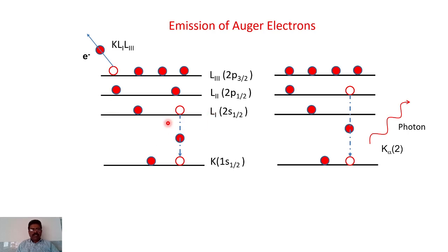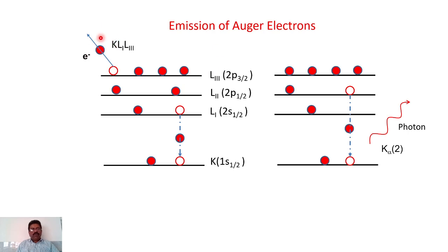So the initial energy minus the binding energy of the electron in that particular level will also depend upon the type of atom. For different atomic numbers, the binding energy in different levels will be different. So both of these energies are characteristic of a particular type of atom, and these are fixed energies.